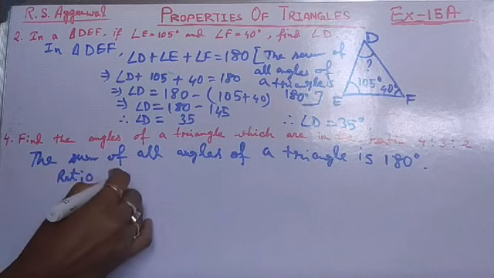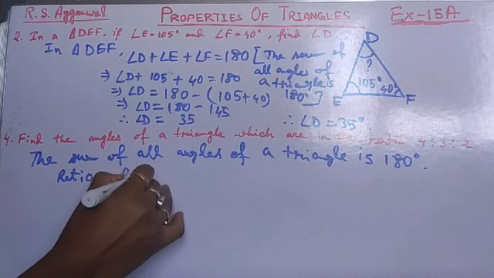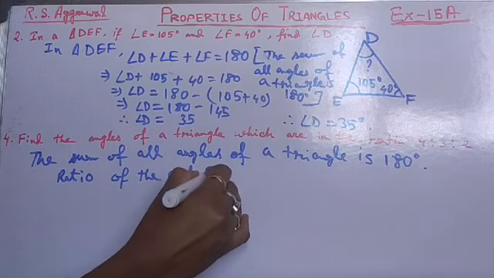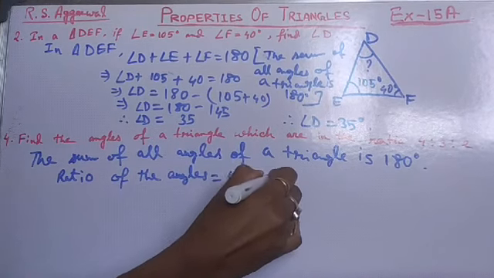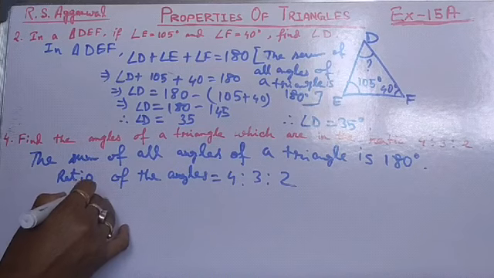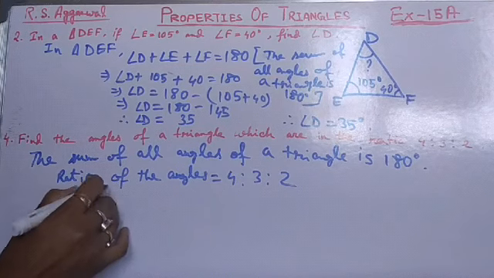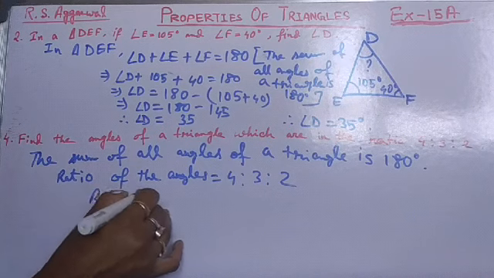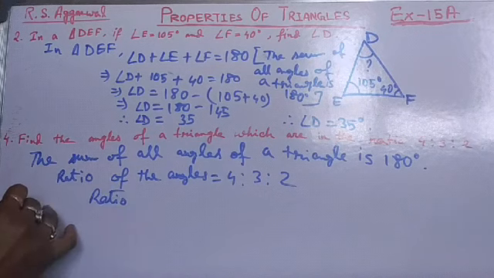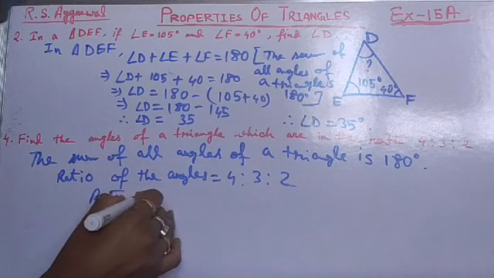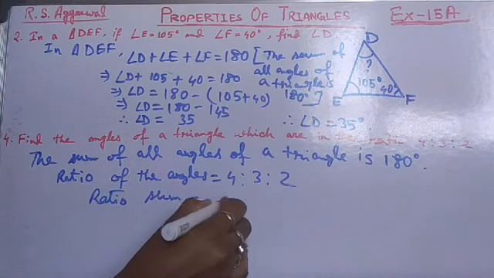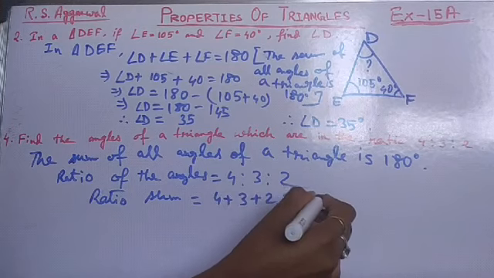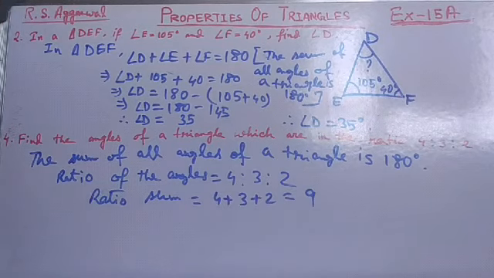Ratio of the angles equal to 4:3:2. So sum of the ratios or ratio sum equal to 4 plus 3 plus 2, that means 9.